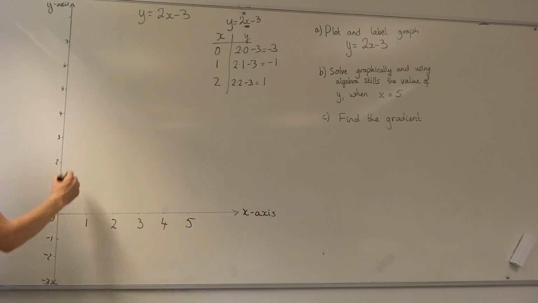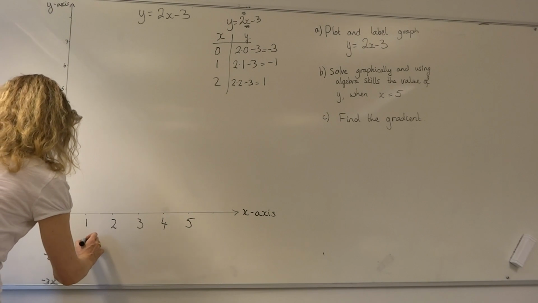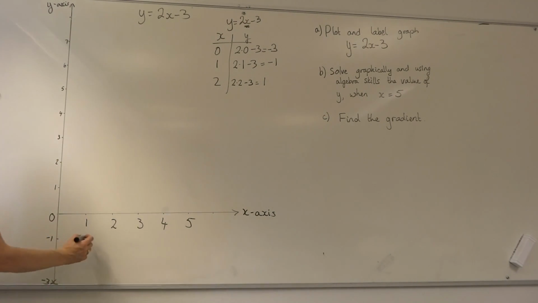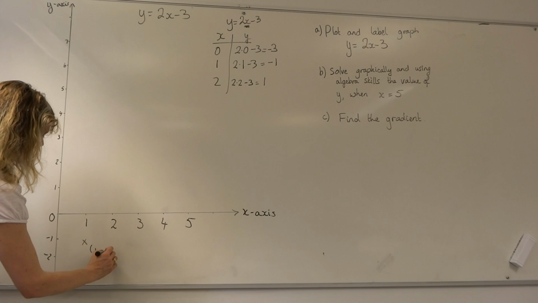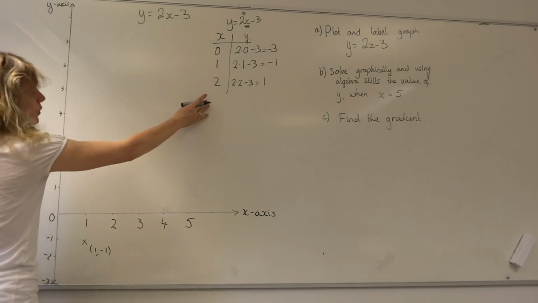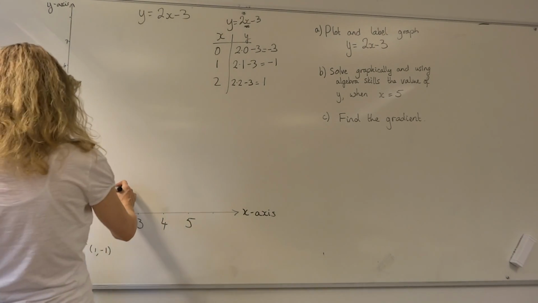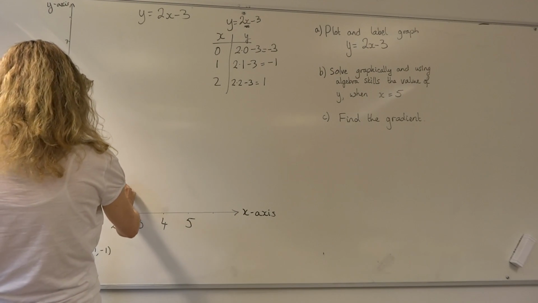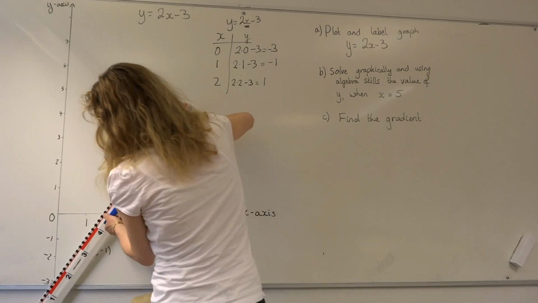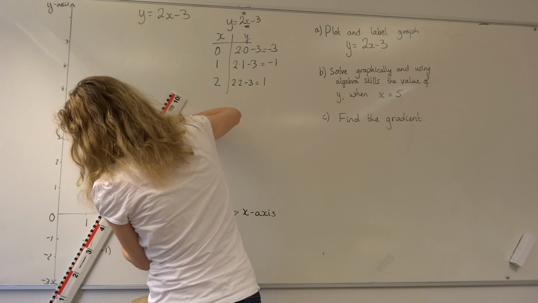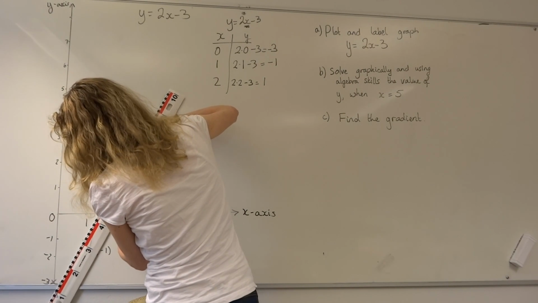When x equals 1, y equals minus 1. That would be this coordinate here, the coordinate 1, minus 1. And when x equals 2, y equals 1. So we now have 3 points on our graph that will allow us to plot the graph.